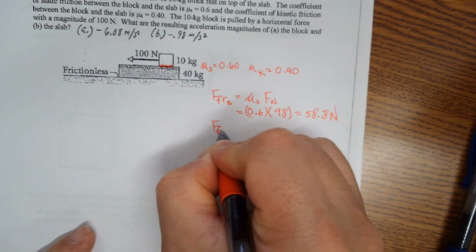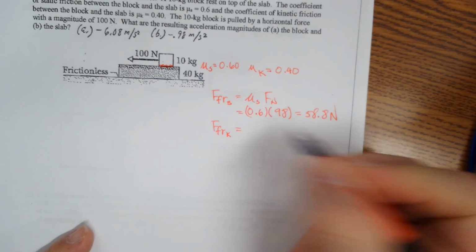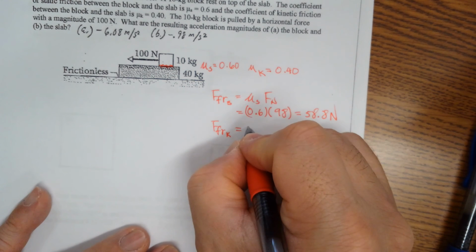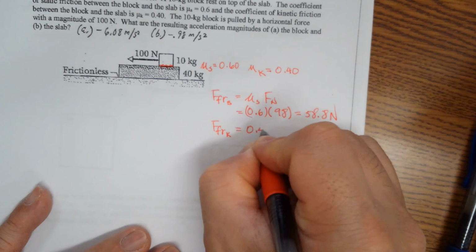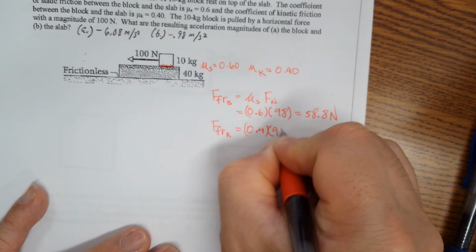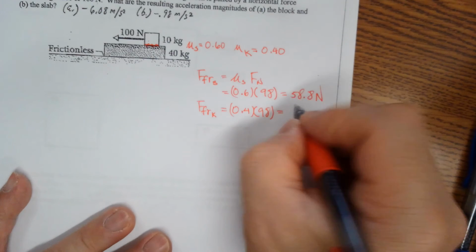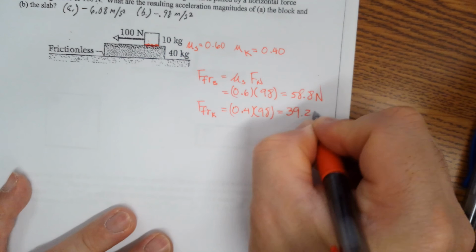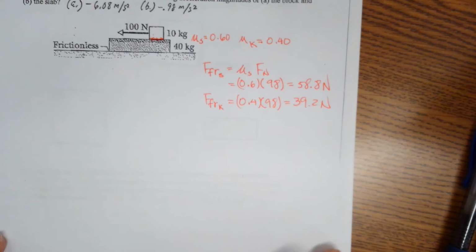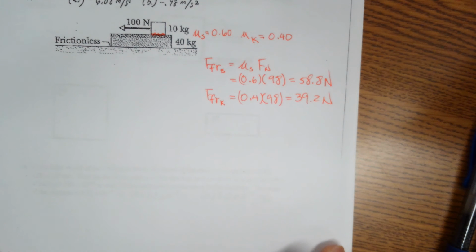So let's calculate the frictional force for the kinetic friction, which is 0.4 times 98, and that comes out to 39.2 newtons. Okay?